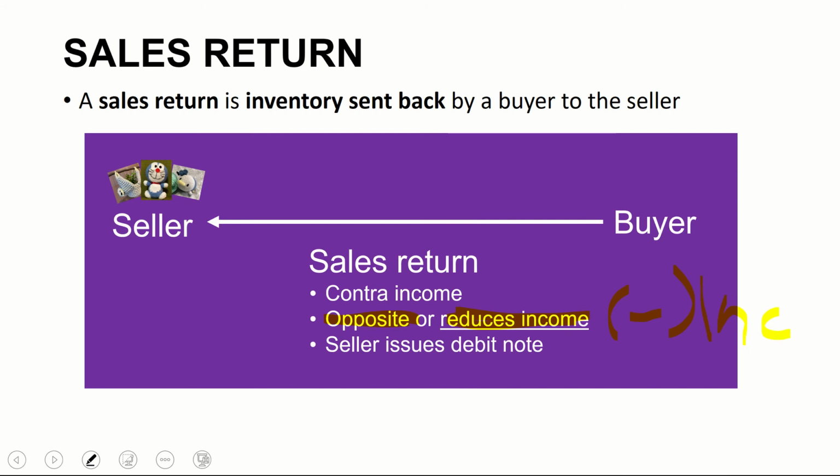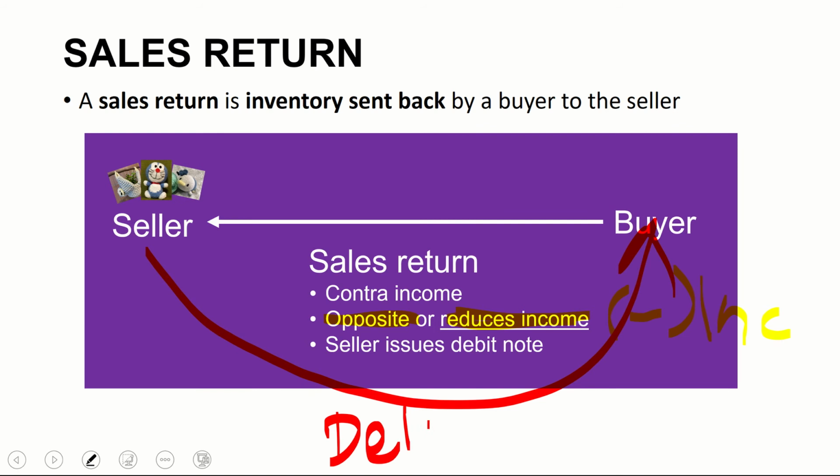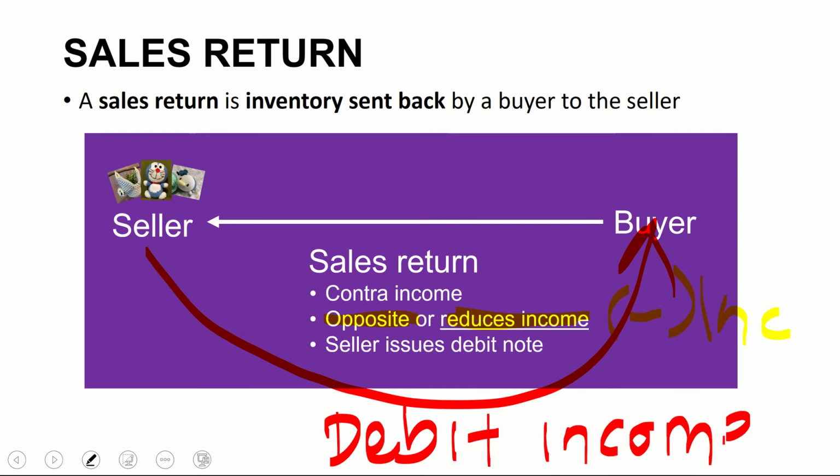And when that happens, the seller issues the buyer a debit note. Buyer, please take this debit note and know that I am reducing the amount that you owe me, because I am reducing the amount that I sold to you. So it's a reduction of income. It's a debit note, right?